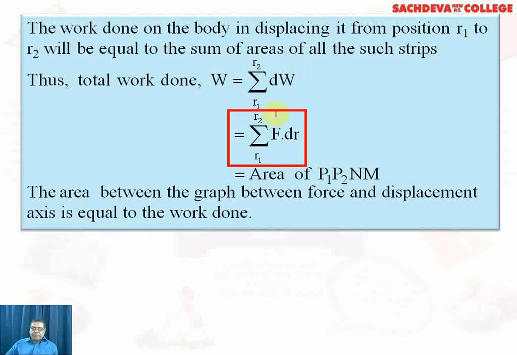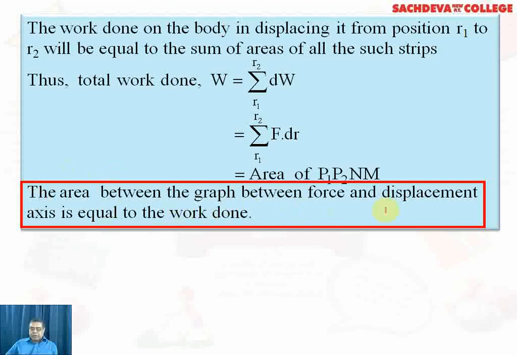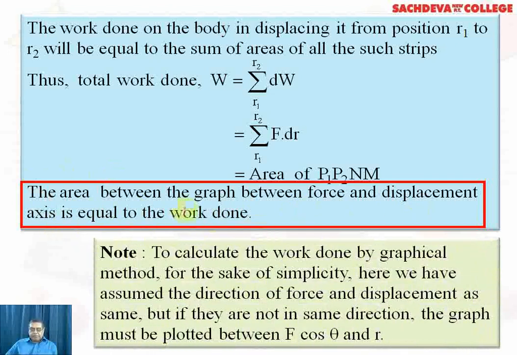So in the other part we have written the summation from R1 to R2 of the product F dr, and that is equal to the area of P1, P2 and M as is clear from the figure. The area between the graph and the displacement axis is equal to the work done.